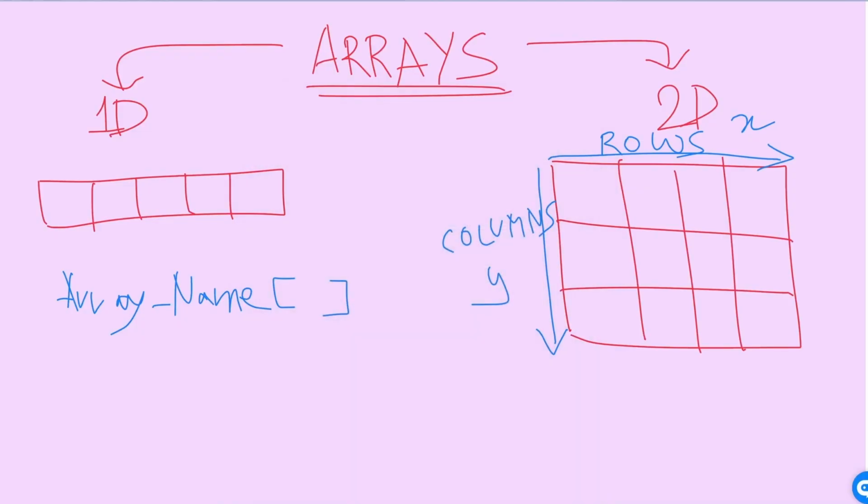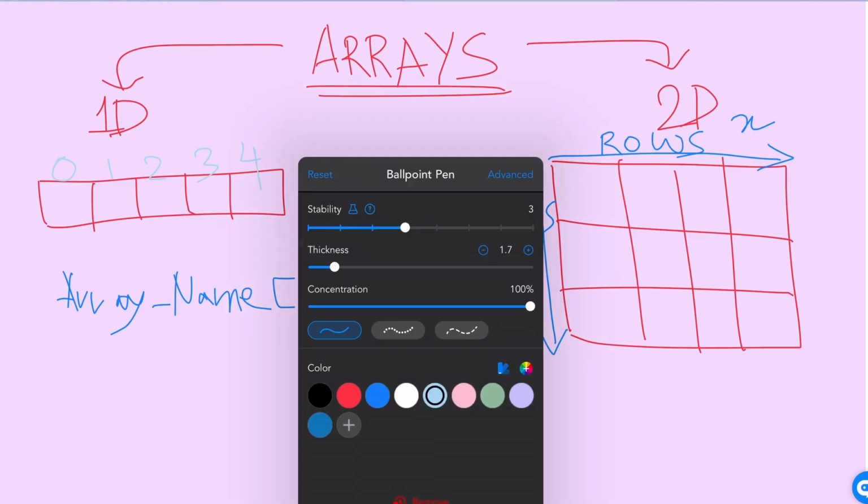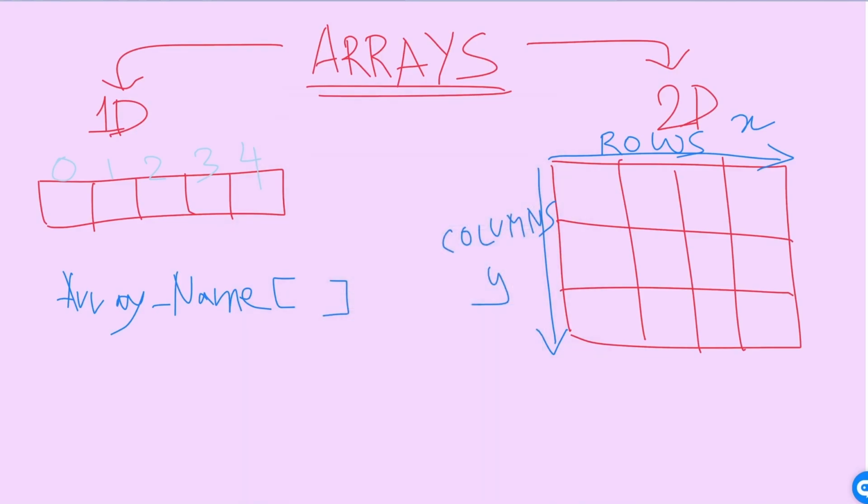If you want to give positions to your values, you start from either 0, 1, 2, 3, 4, or you can start with 1, 1, 2, 3, 4, 5. It really depends on the algorithm you're using. For pseudocode, you can use either. So I'm going to start off with 1.